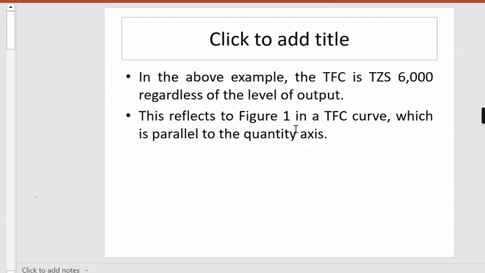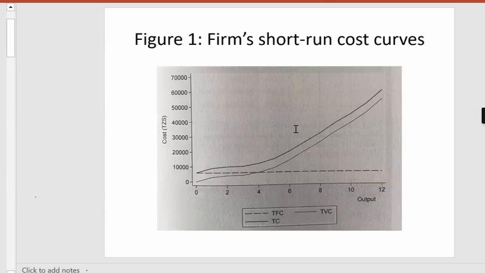This reflects to a figure. We can see the figure here. This is a figure, if you go to the book, Professor Manamba's book, this table is there. I just snapped it, and you see this dotted line here.